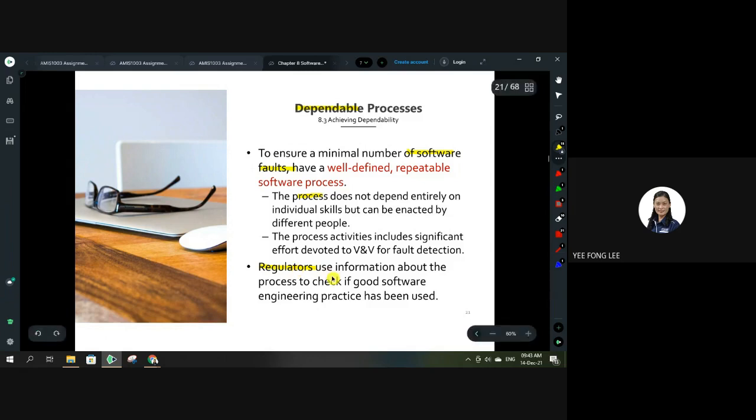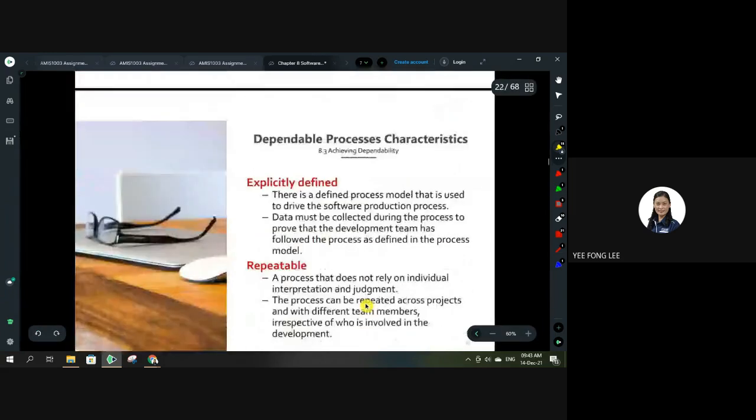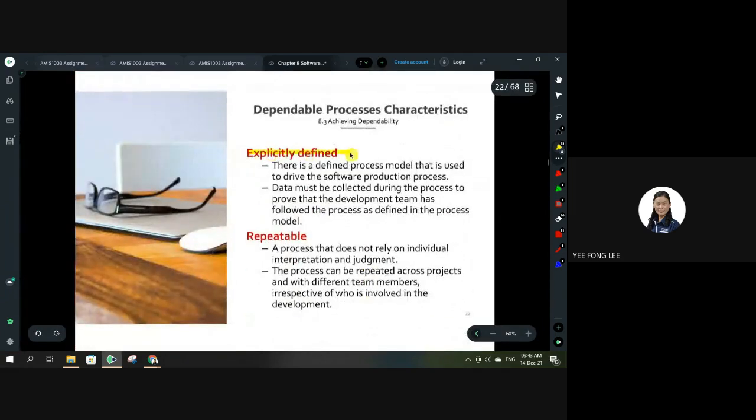After that, what else? The system developer also has to convince that the processes used are consistent throughout the whole process. So this means that the process must be explicitly defined and also repeatable. What is meant by these two terms?